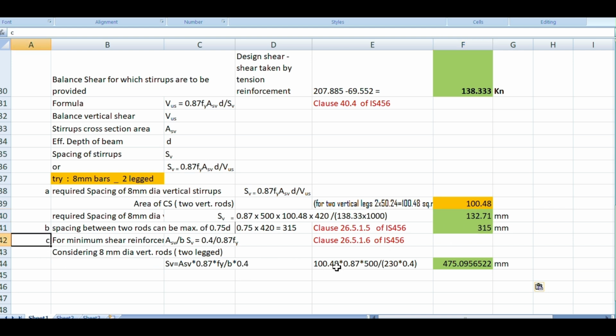Next is C. The IS code, clause 26.5.1.6, says that there should be a minimum shear reinforcement.